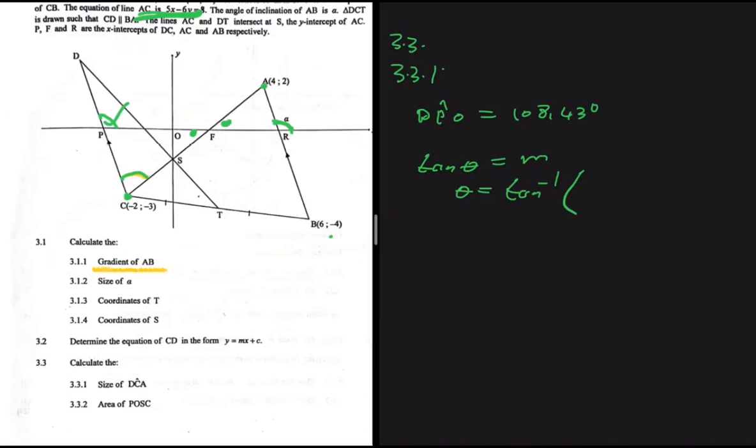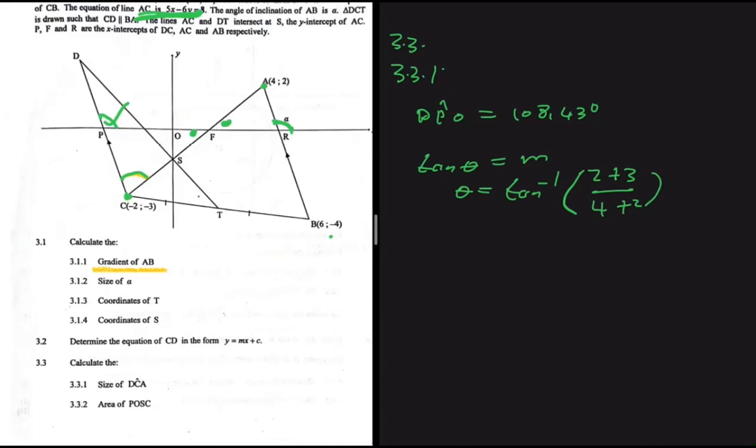So y2 should be 2 here, and then y1 should be minus 3, right? So that will be plus 3 because we say y2 minus y1. And then now let's look at x2 minus x1. So x1 is 4, and then x2 is minus 2, so that should be plus 2. So we're saying that theta is equal to tan inverse of 2 plus 3 divided by 6 essentially, right?